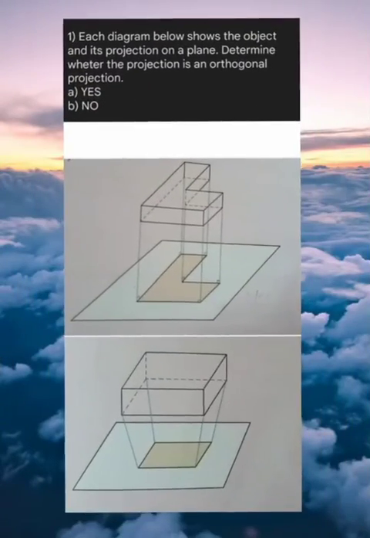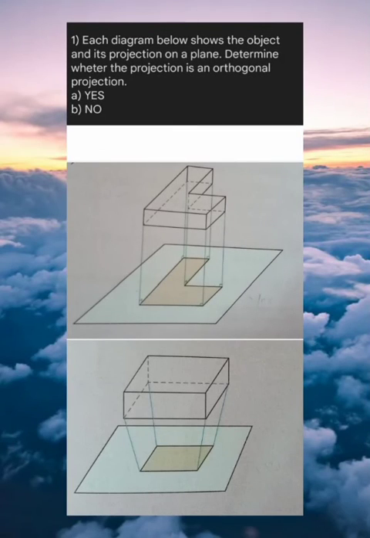Question number 1. Each diagram below shows the object and its projection on a plane. Determine whether the projection is an orthogonal projection. The answer is yes or no. For picture 1, the object is an orthogonal projection.